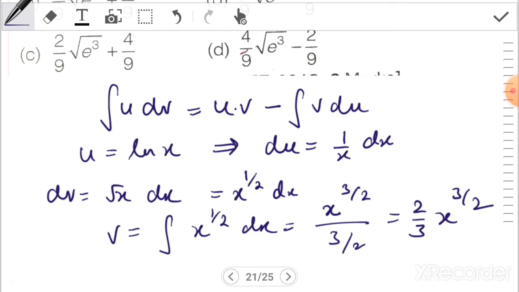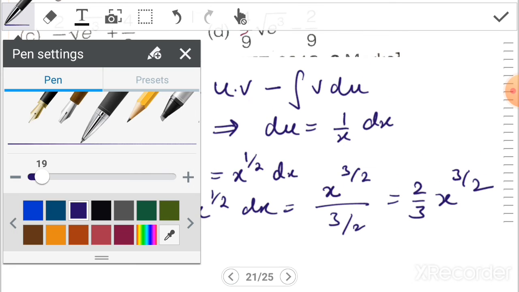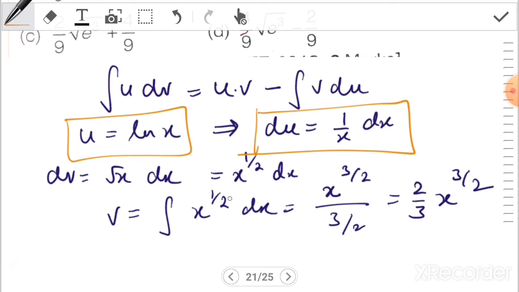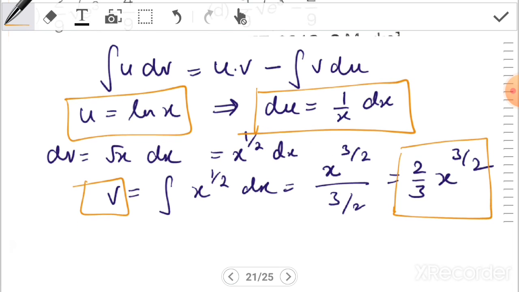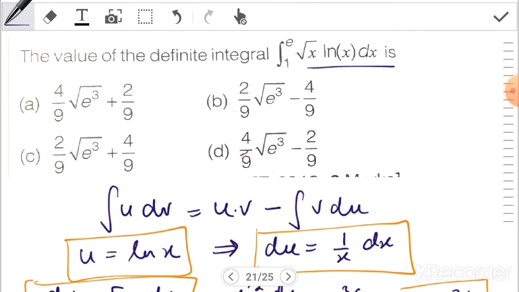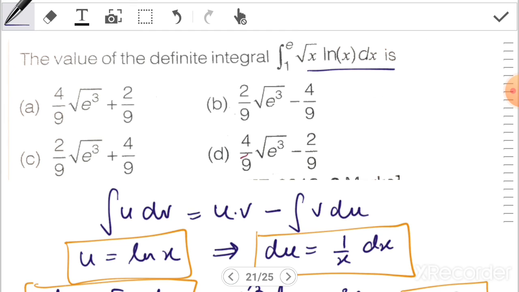Okay, so now we have this, and v is equal to this result. Now let us replace the values in the original integral.